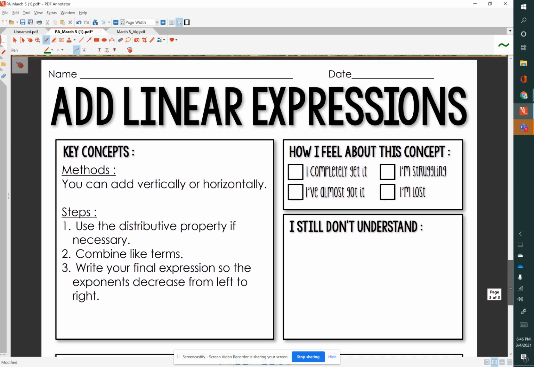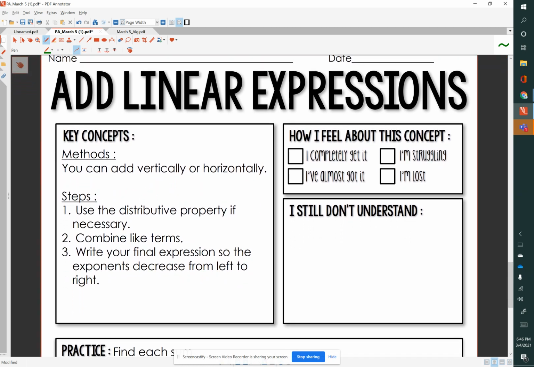Today we are adding linear expressions. You can add them vertically or horizontally, and the steps are: 1, use the distributive property if necessary. We've done that. 2 is to combine like terms. We've done some of that. And 3 is to write your final expression so that the exponents, and we'll talk about those more, decrease from left to right.